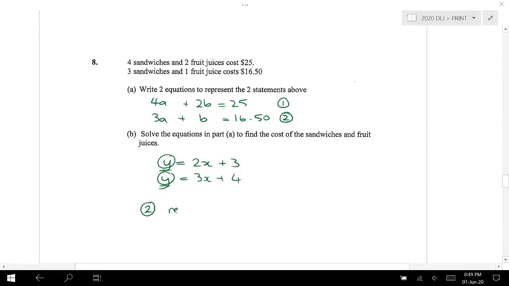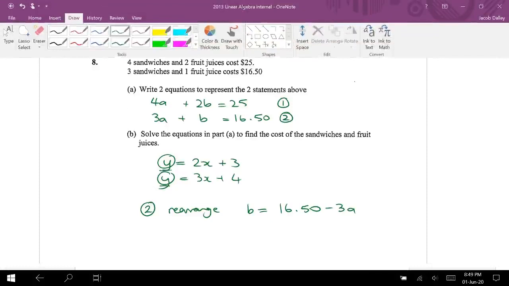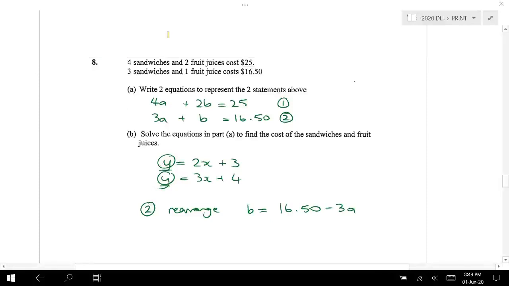So rearrange. An easy way to rearrange this is to take this 3a and subtract it to the other side. So we're going to get b equals 1650 minus 3a. And the reason I did that is because it's going to make it easy to substitute into equation 1.